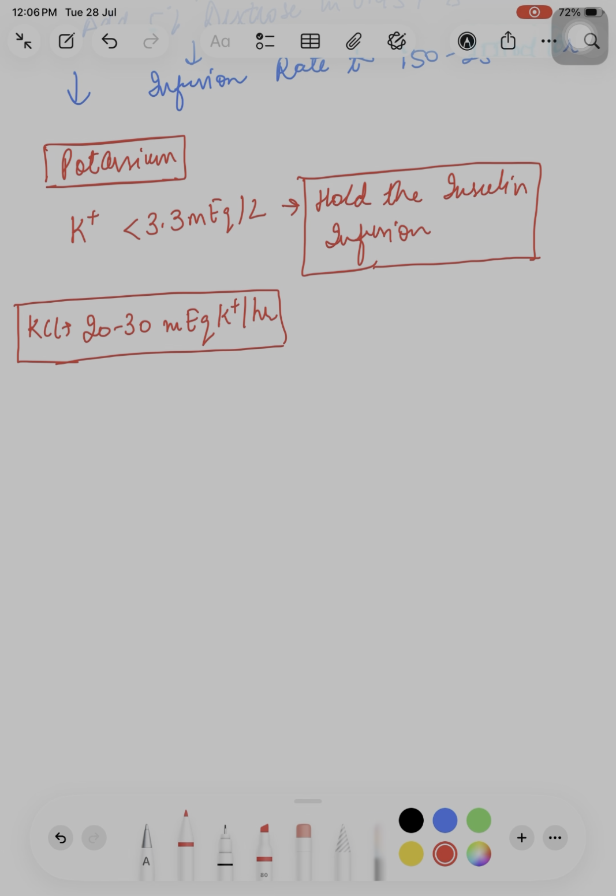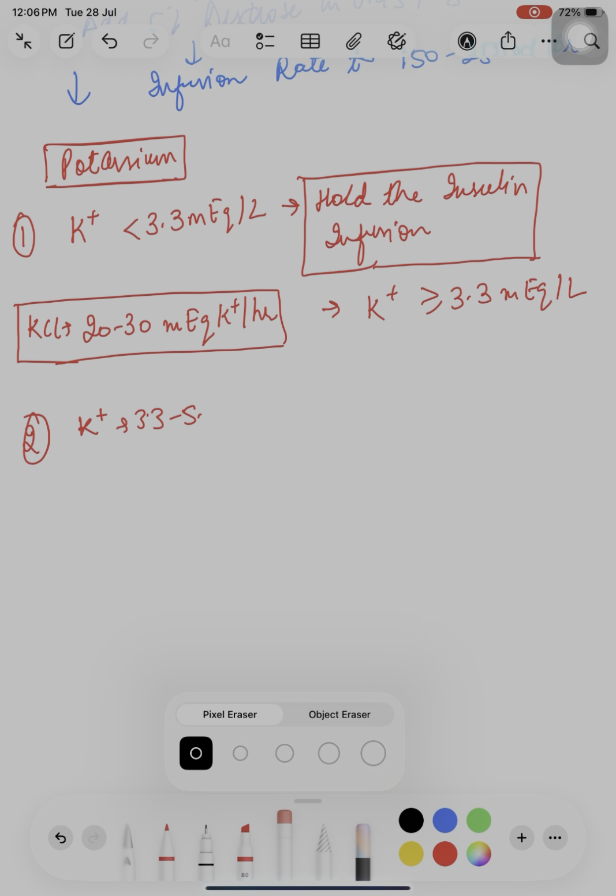So you have to give 20 to 30 milliequivalent of potassium per hour till potassium is more than 3.3 milliequivalent per liter. This was the first point. The second point is, if potassium is 3.3 to 5.2 milliequivalent per liter.